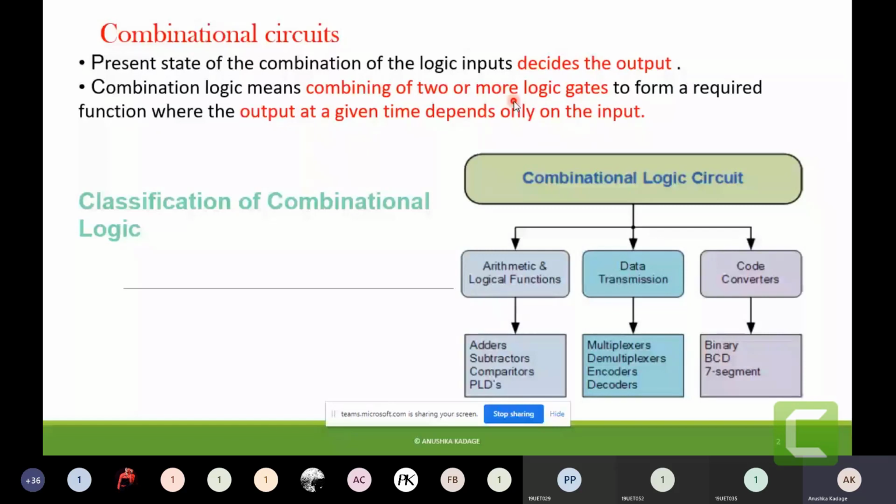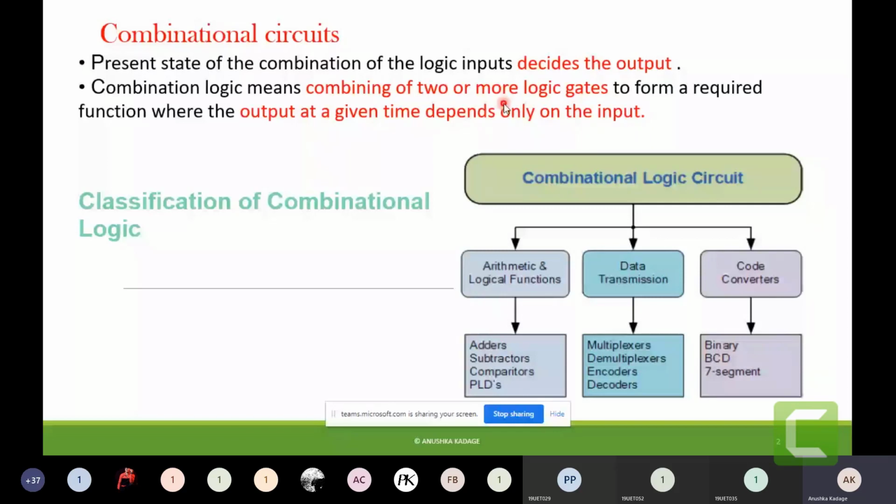So here AND, OR, but it may be possible that the inputs for those logic gates will be either in original form or in complemented form. And if my input is in complement form, I have to apply a NOT gate. That's why we will find the combination of AND, OR and NOT gates present.